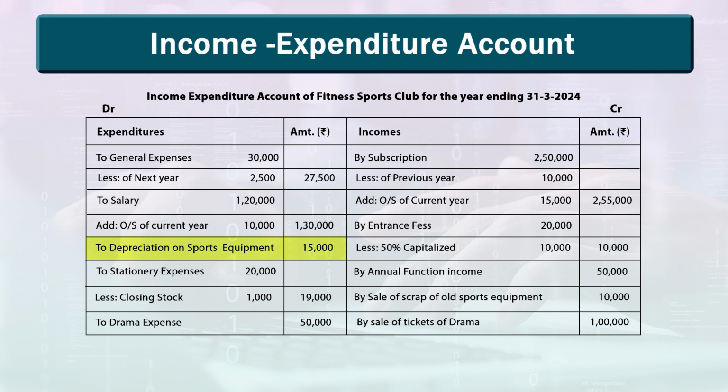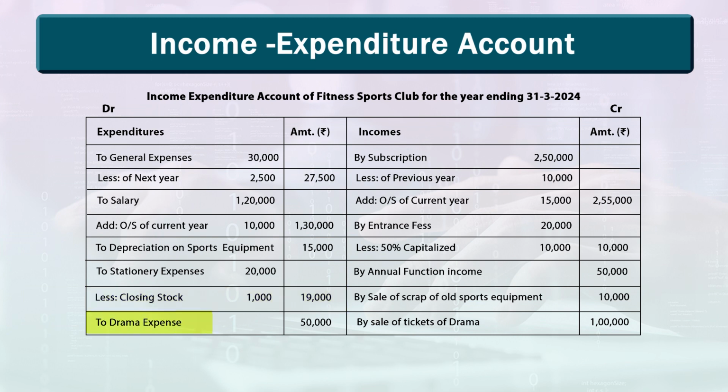Then we have depreciation on sports equipment amounting to rupees 15,000. The next entry is of stationery expenses of rupees 20,000. From it, we deduct closing stock of 1,000 and the amount recorded is rupees 19,000.